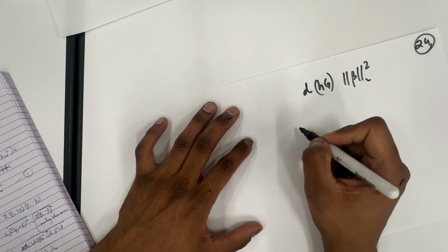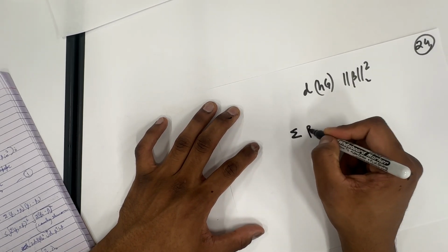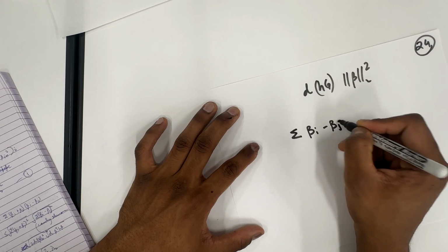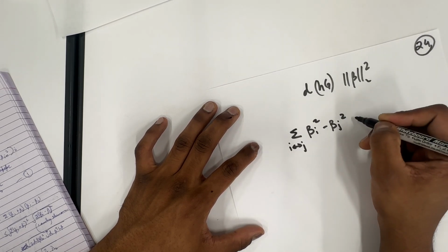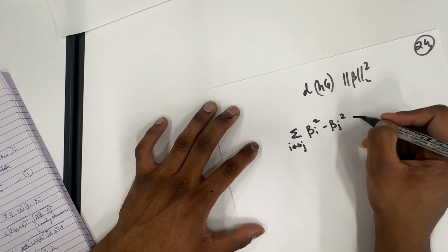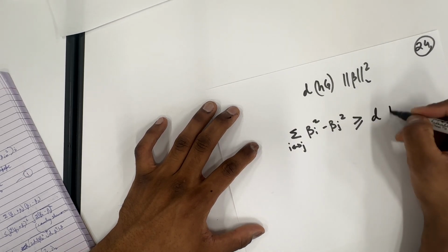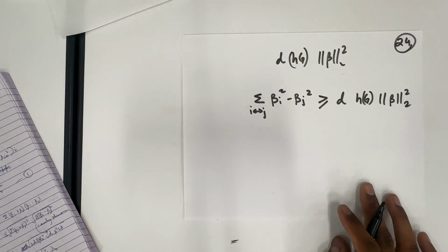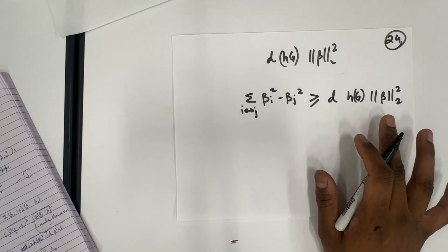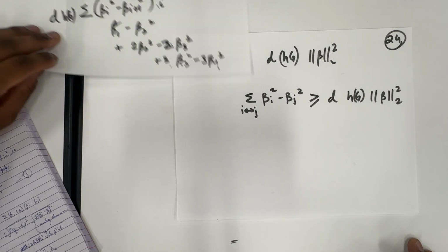So wait, first thing, let me track back all the way. We started with beta i minus beta j squared, where i, j are edges. And now we have shown that this quantity is greater than d times hg times the 2-norm of beta squared. And this beta is again the truncated, zeroed out thing, right?